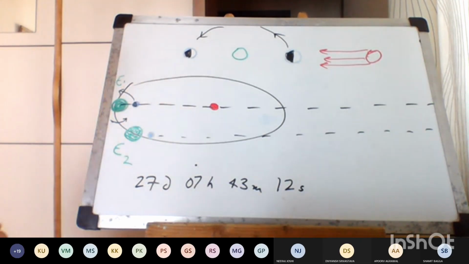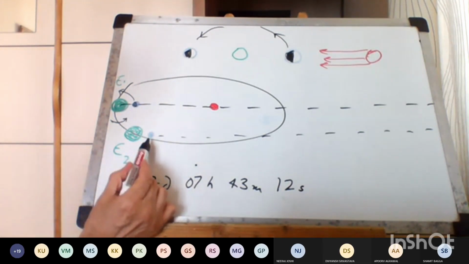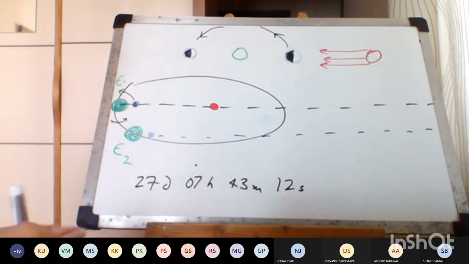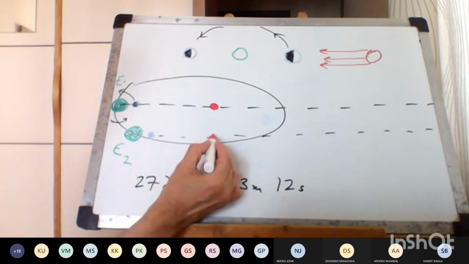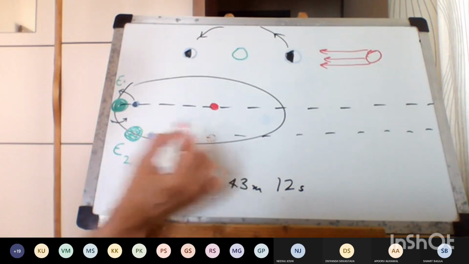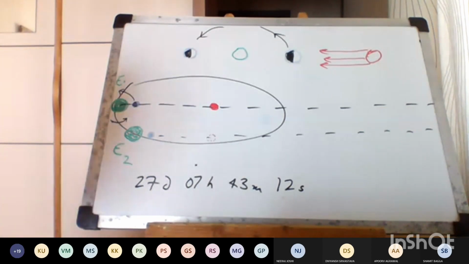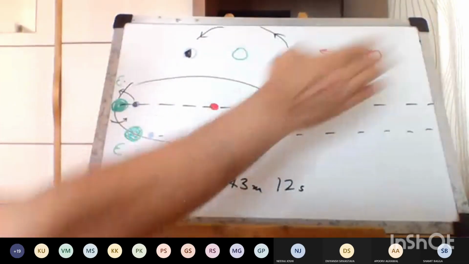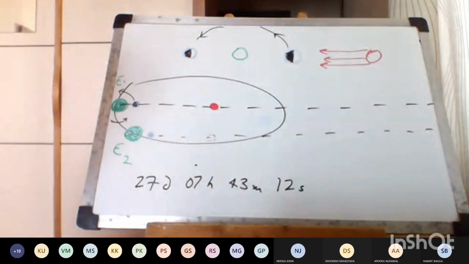But here we are not having new moon because the sun is not here. If the sun would have been here, then we would have had new moon. These distances are very small compared to that far off distance. So when will we see new moon again?